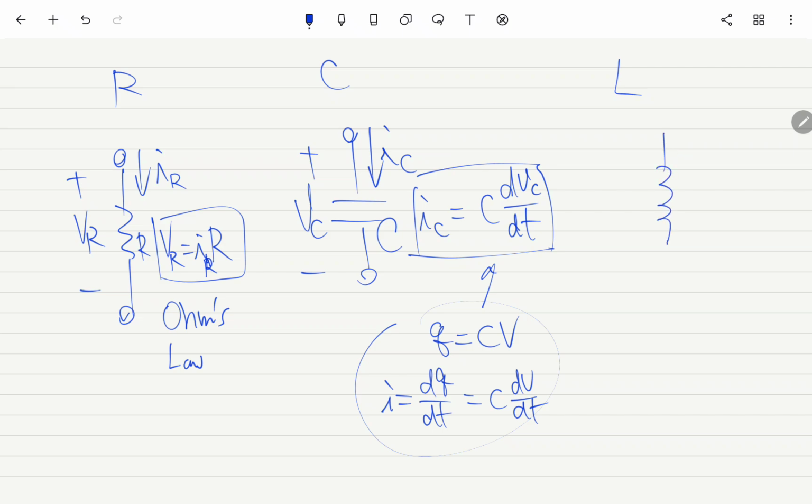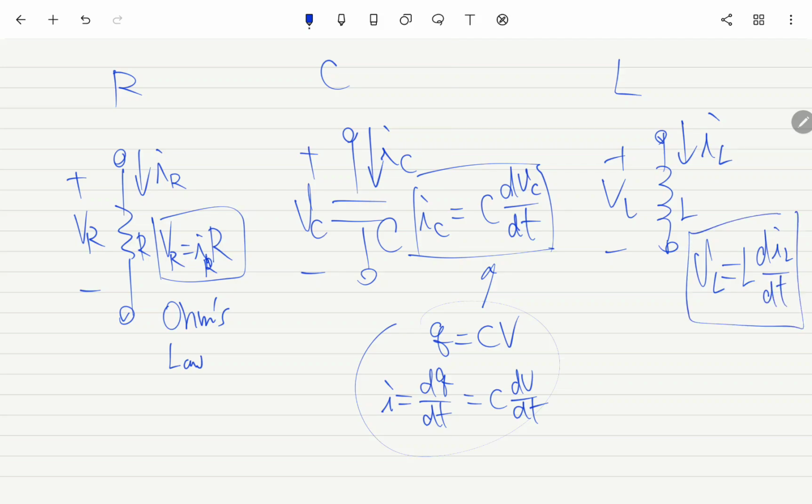And for the inductor, here VL, all the positive and negative sides and the current direction will be the same. So you don't need to remember a lot of versions. If you use the EMF here, it tends to be in another direction and then you will be confused. So this will be VL equals L dIL dt.